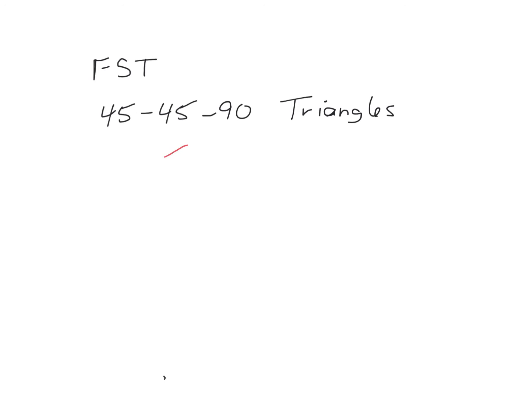Just a quick review of this in a 30, 60, 90 triangle. The rule is if the short side, which is the side opposite 30, let's say, is 4, the hypotenuse is always double that, and the long leg would be 4 times the square root of 3.